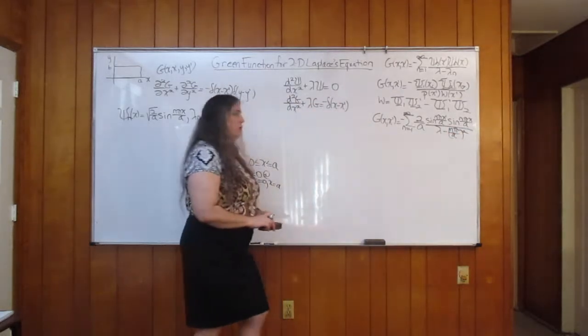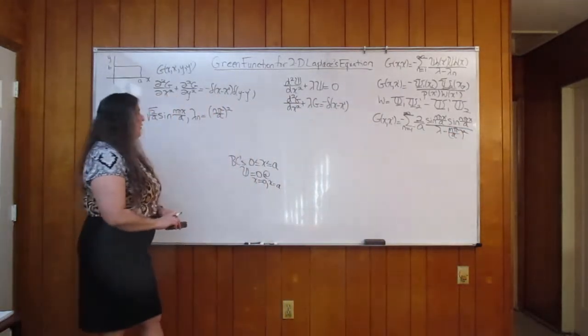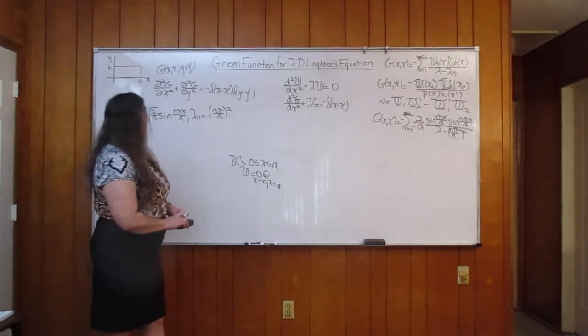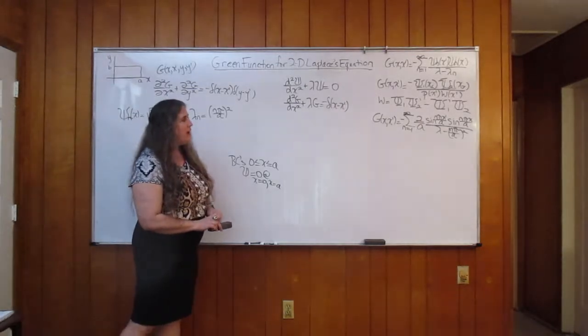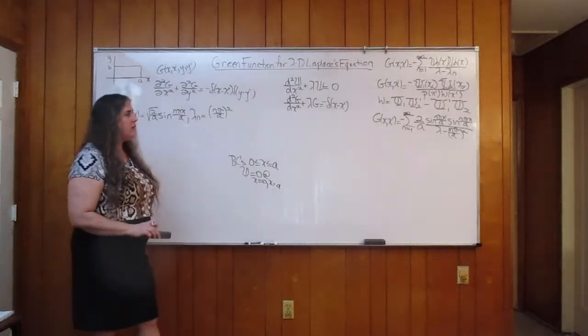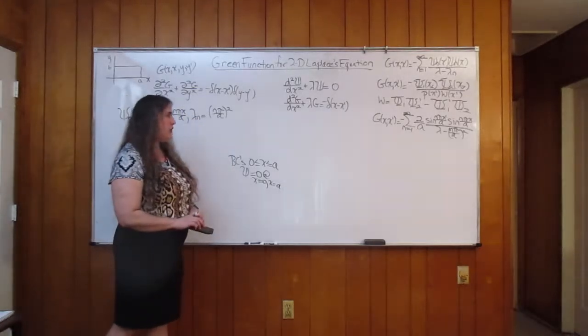Minus the summation n equals 1 to infinity, 2 over a sine n pi x prime over a, sine n pi x over a, all over lambda minus n pi over a squared.